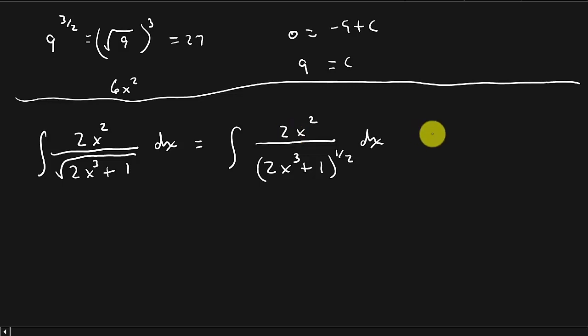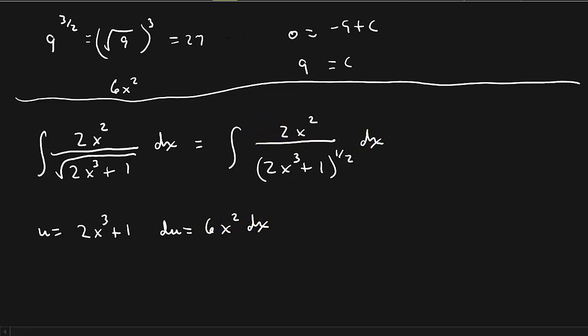So if you let u equal 2x cubed plus 1, you get du is equal to 6x squared dx. You see that? But notice here I got 2x squared dx, but I need 6x squared dx. So actually what I would do is multiply by 3, because 3 times 2 would give me the 6. You see that?